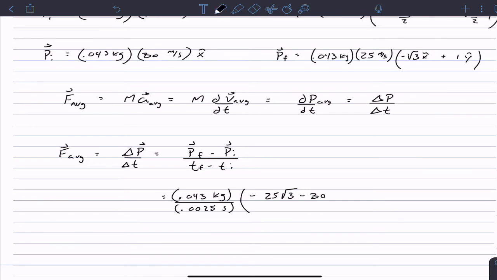Okay, this is your x-hat direction. All right, and now let's make that look a little better. And now we have final y-hat direction minus the initial y-hat direction, but we have no initial y-hat direction, so that's just going to be the final y-hat direction, which gives us 25 meters per second y-hat direction.